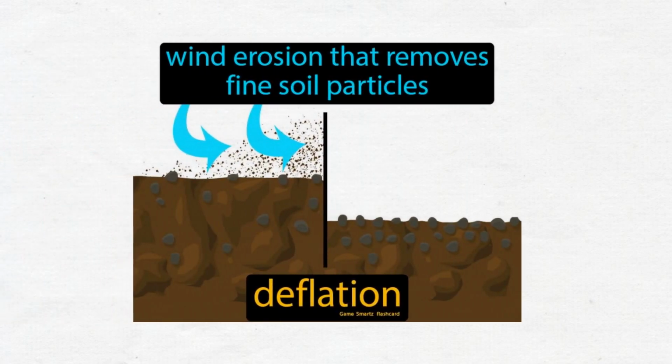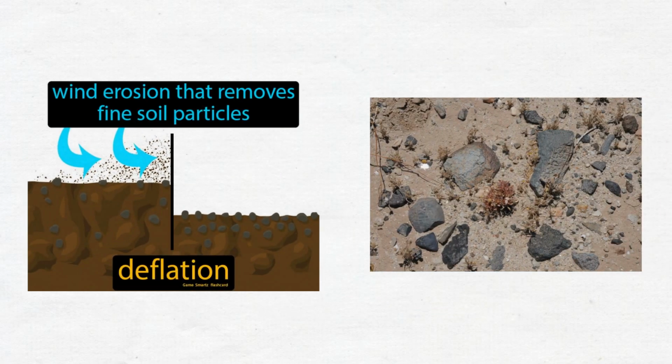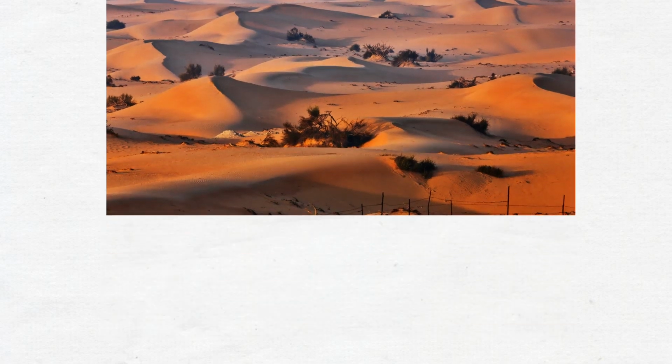This process, known as deflation, creates features like desert pavement, where the finer materials are removed, leaving behind a layer of larger, more resistant particles. Wind also shapes sand dunes, depositing material in characteristic patterns, depending on the direction and consistency of the prevailing winds.